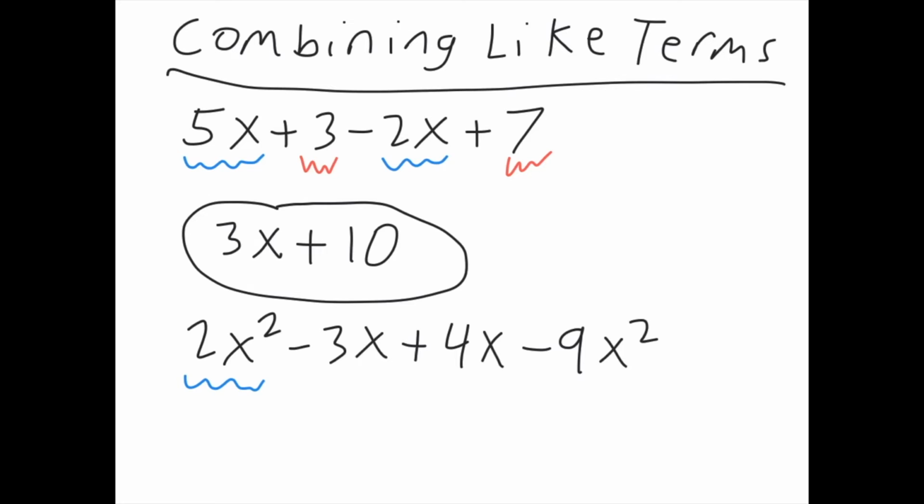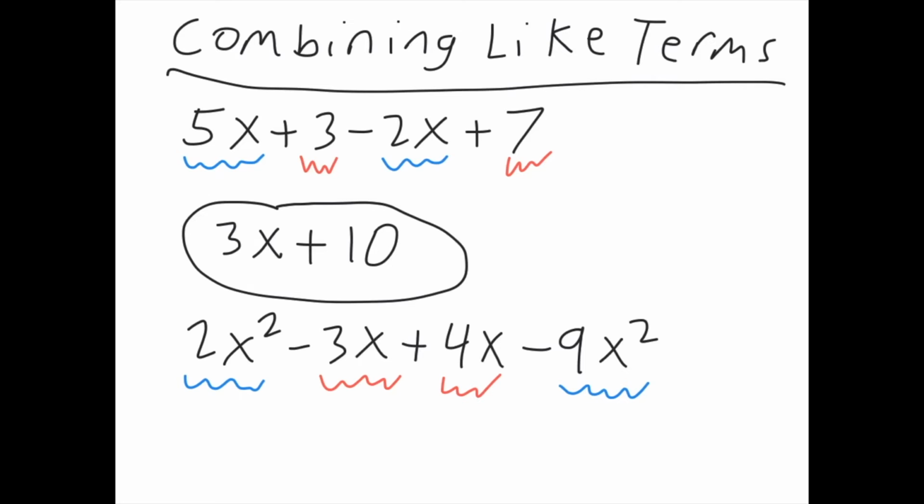By the way, little hint, make sure to write down the stuff I'm saying, not just the stuff I'm writing. So anyway, we need to find another x squared. Well, we have one over here, minus 9x squared. So we can combine those two. And then we have to look for other like terms. So here we have a minus 3x and a plus 4x.